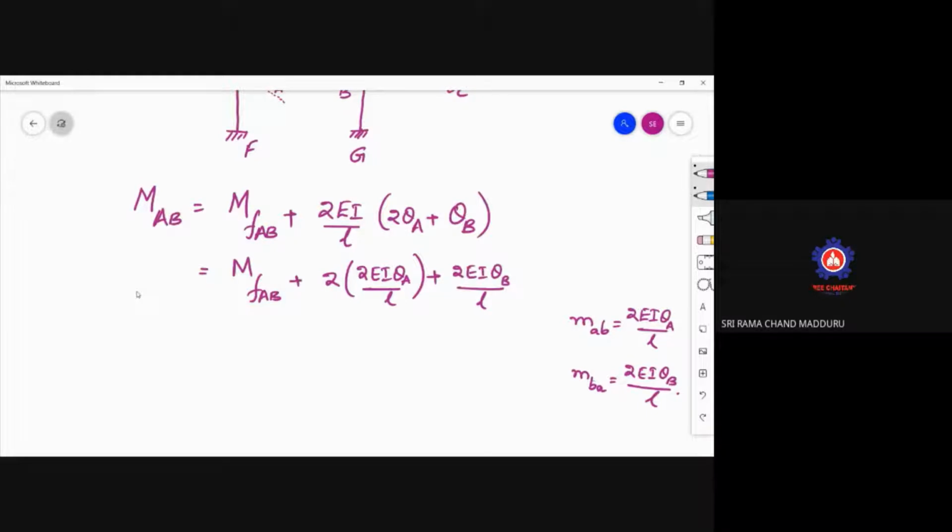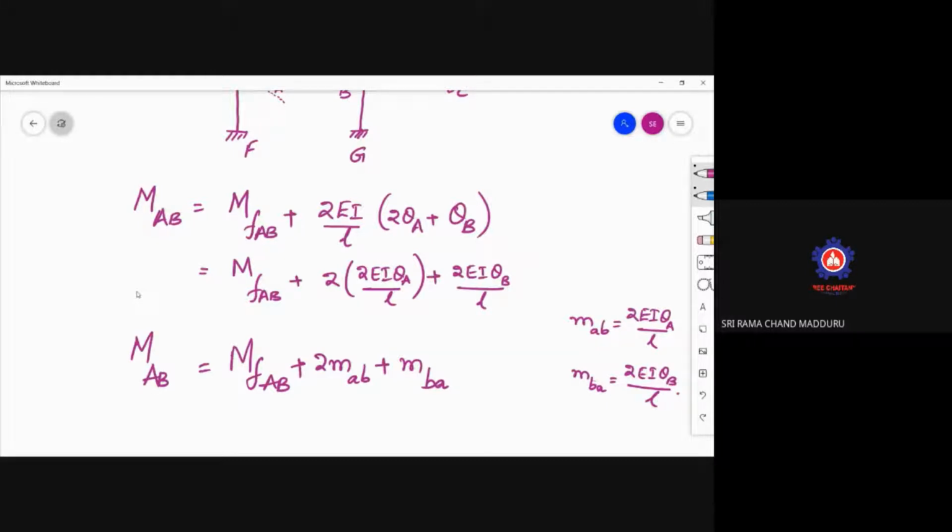Now substitute these terms here. So MAB is equal to MFAB plus 2 small MAB plus MBA.